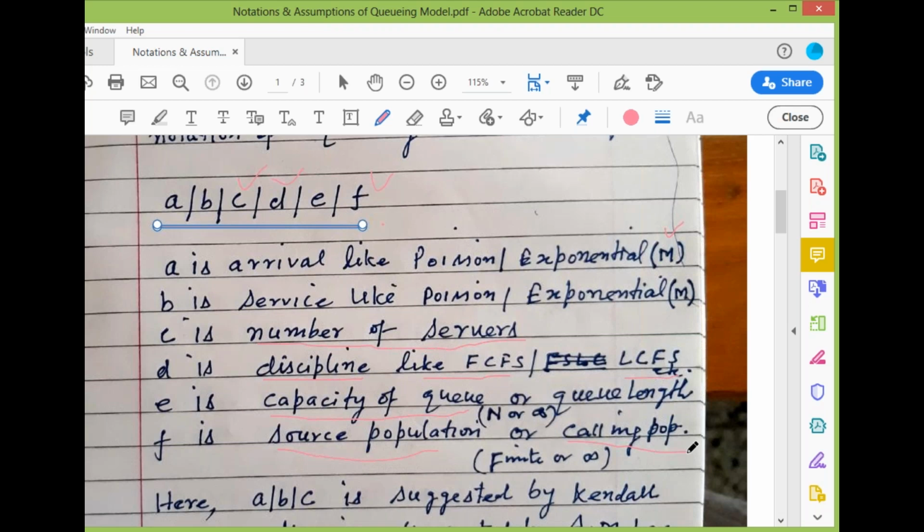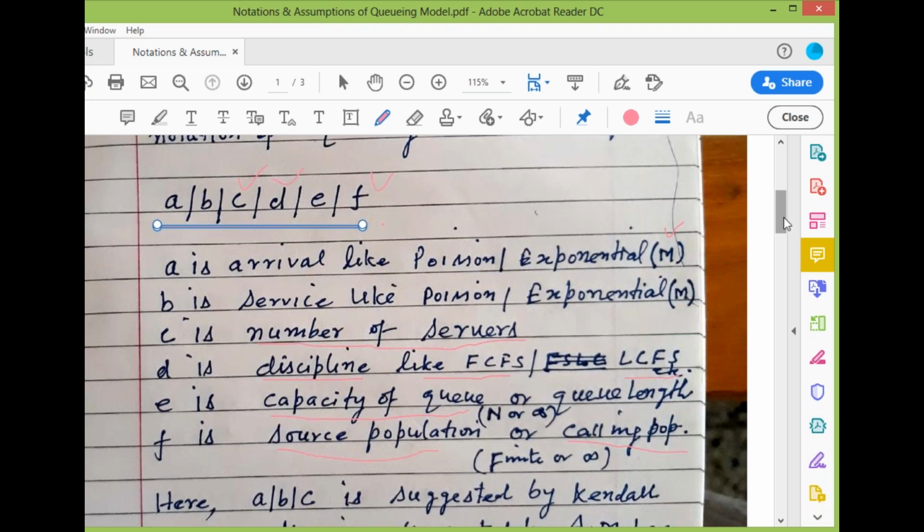So I would like to tell you the primary development of this notation. How many characters are there here? There are 6 characters entered into this notation.